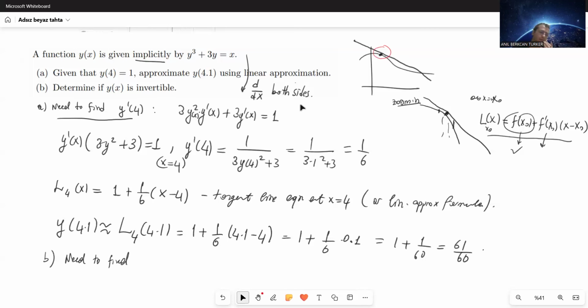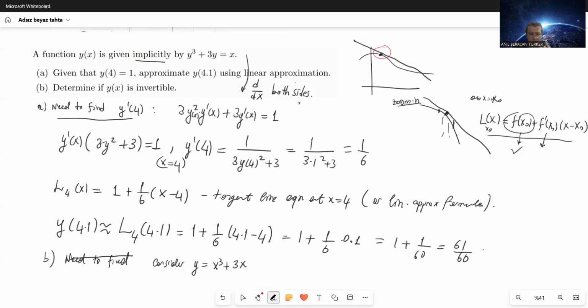As you can see, if we consider the function y equals x cubed plus 3x, is this function invertible?